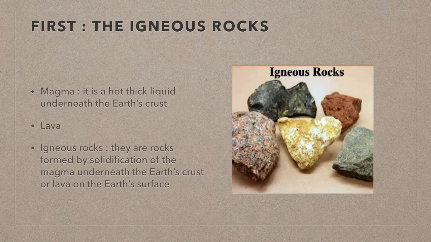A part fills some gaps and cracks of the Earth's crust, and the other part is extruded from the crater of the volcano to the surface of the Earth in the form of volcanic flows, which is known as lava. So the igneous rocks are rocks formed by solidification of the magma underneath the Earth's crust or lava on the Earth's surface.